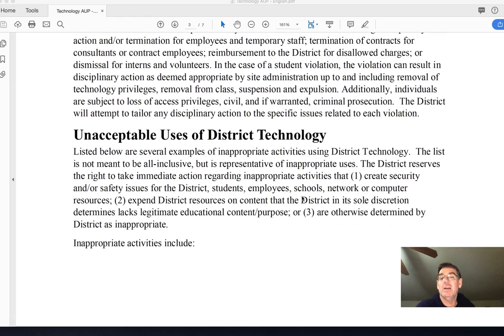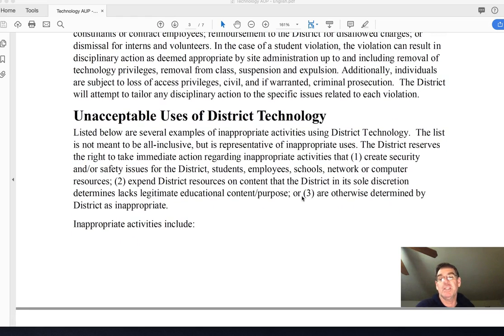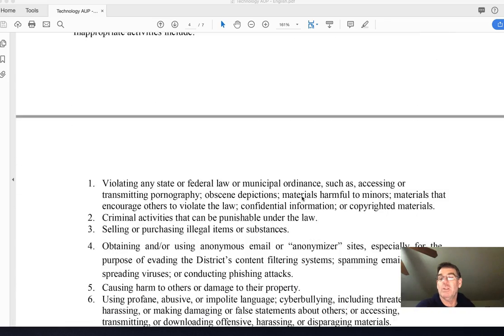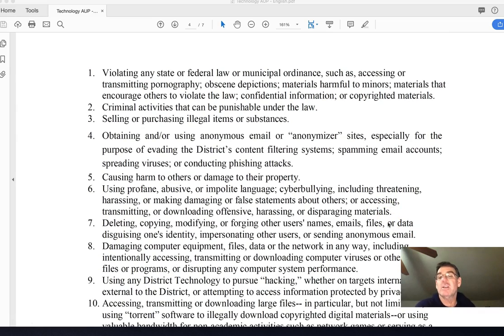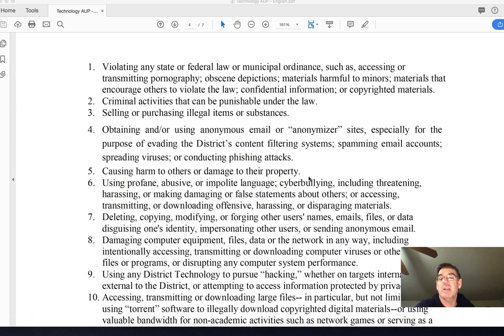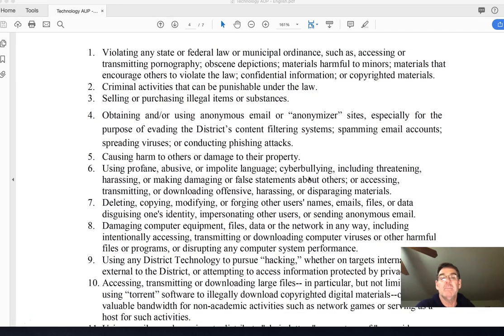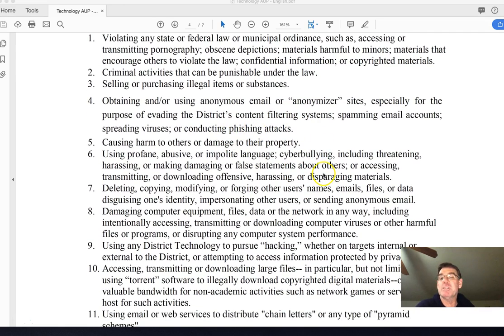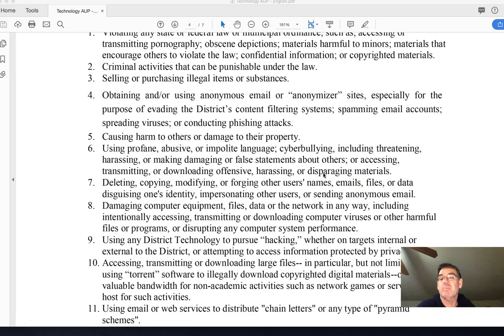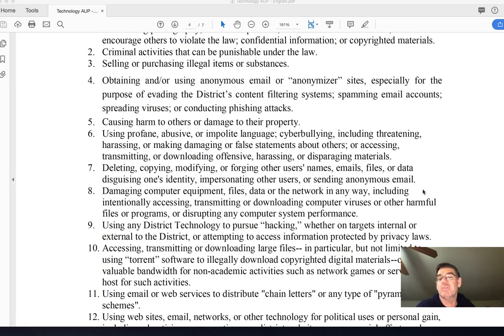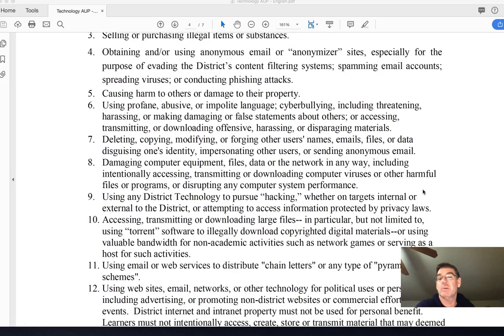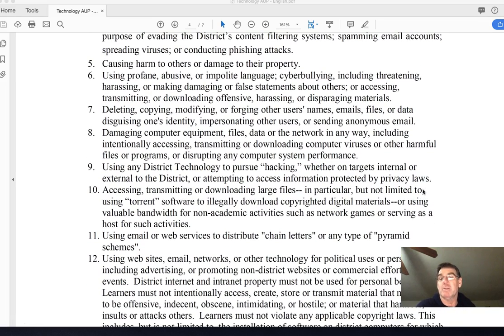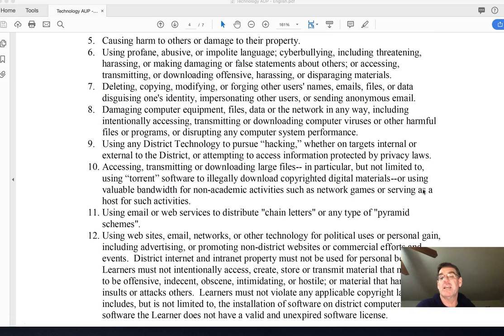There are many unacceptable uses of district technology. So let's just look at a few of them. Certainly violating any federal or state laws, any kind of criminal activity, as we've already stated. Using any kind of anonymous emails that don't identify yourself as who you actually are is forbidden. Causing harm to others or property is certainly forbidden. Damaging computer equipment, tearing off keys, things like that.